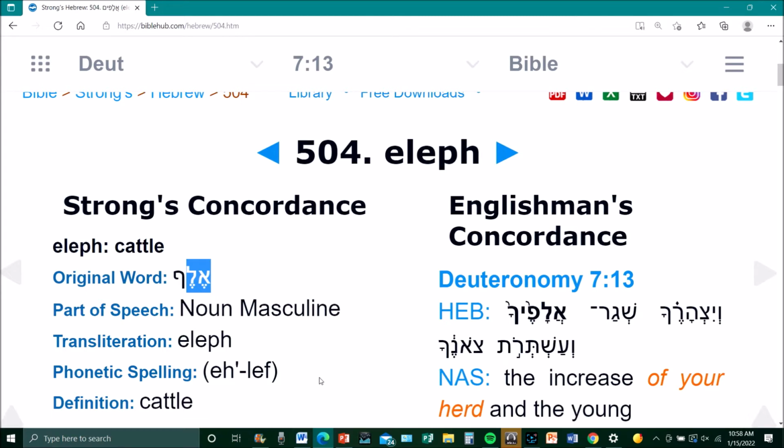I don't really share much about the vowel points because I think it muddles it. But I will tell you this. These little vowel points underneath here that have the little dots, they look like 3 little dots. It comes from the word segula or segol. And in one of its definitions it means peculiar, but it also means a gem.